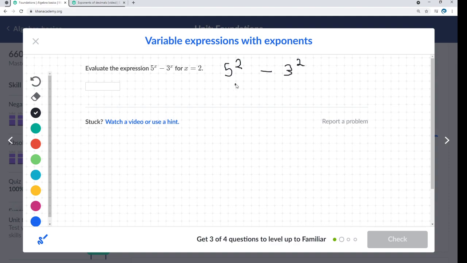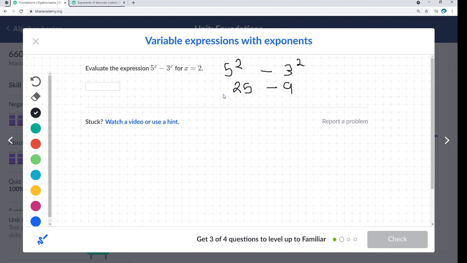It's definitely 25. Depending on how much coffee you've had in the morning. And then this is 3 times 3, which is definitely not 6. It's definitely 9.